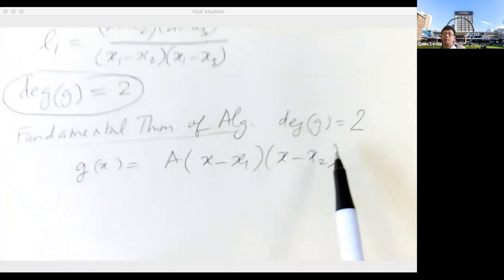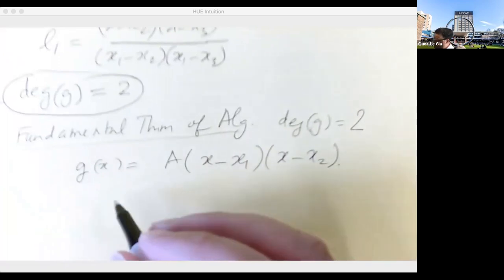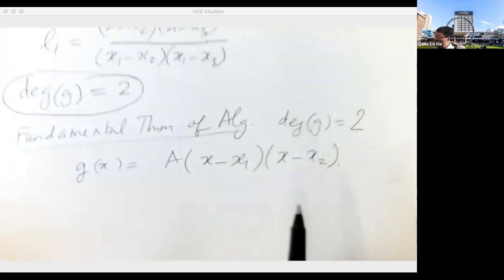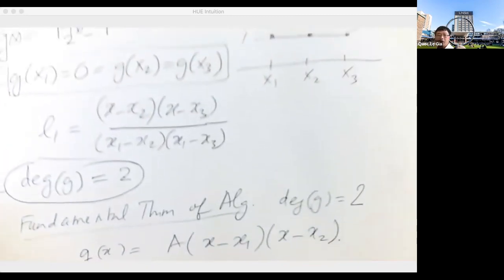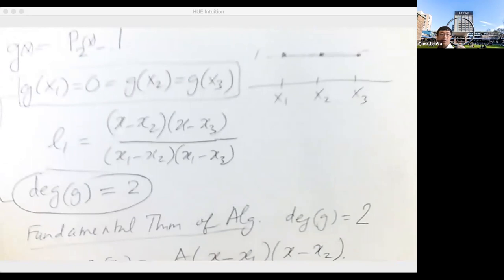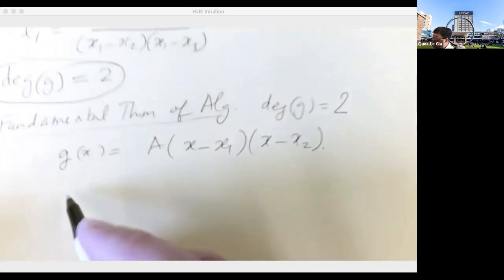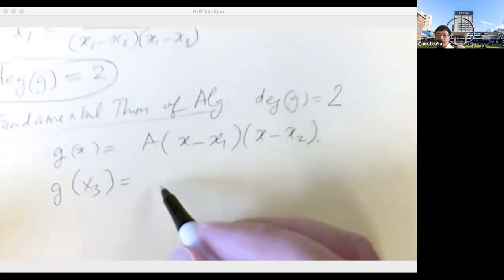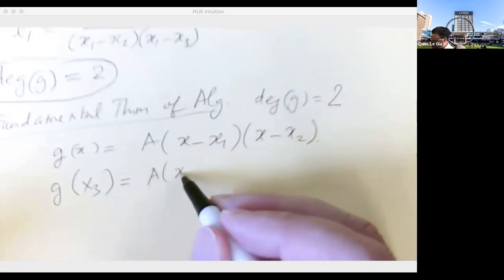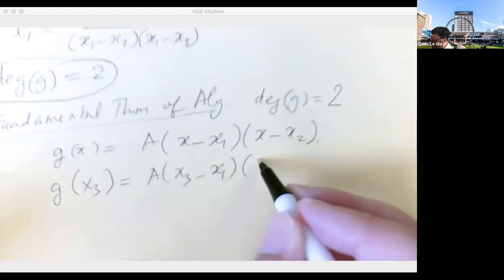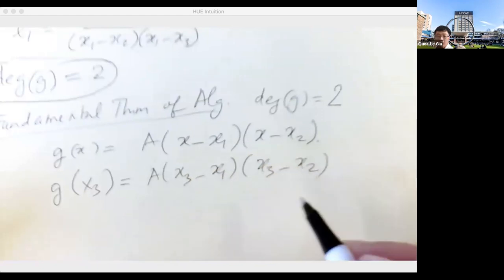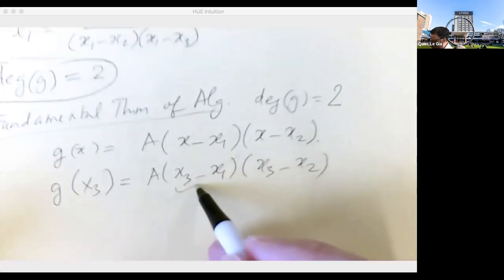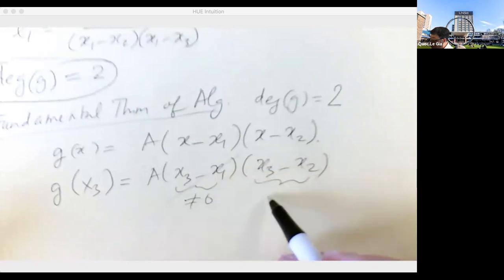So remember this theorem. Now remember we have x1, x2, x3, all of them equal 0. If you put in x3, you have a times x3 minus x1, x3 minus x2, and those terms are not 0, because the points are different.